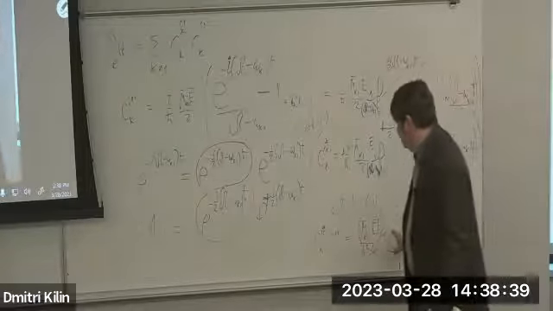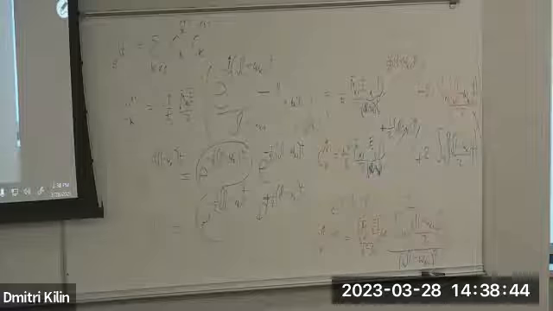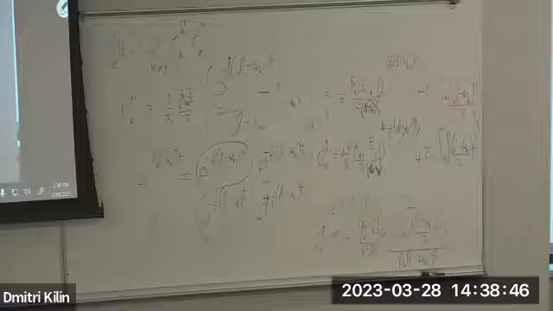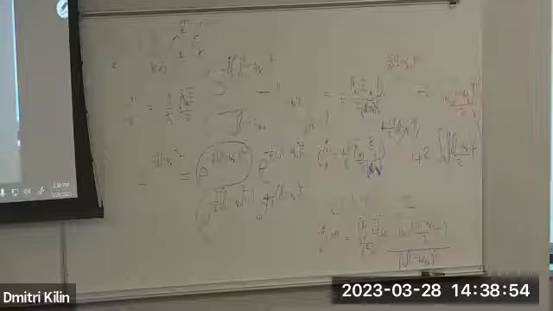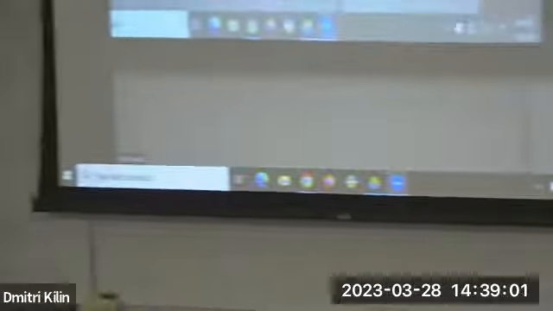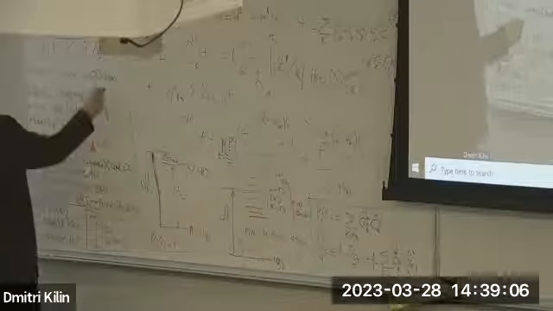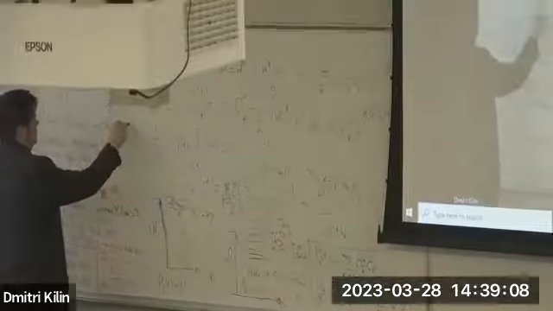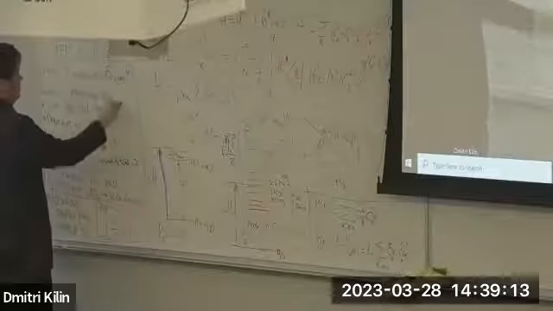With your permission, I'm going to erase this board, and I believe I will be able to reproduce this expression just from the top of my head. So we did introduce transition from 2 levels to an infinite number of levels.